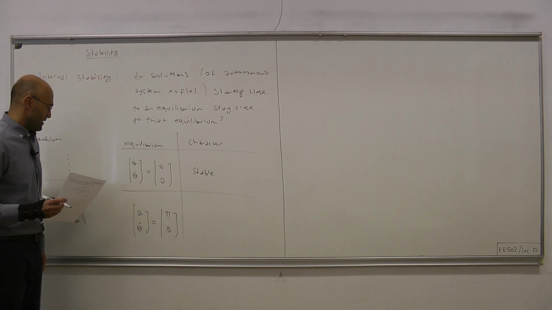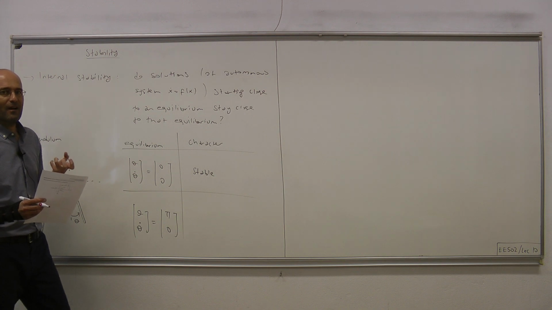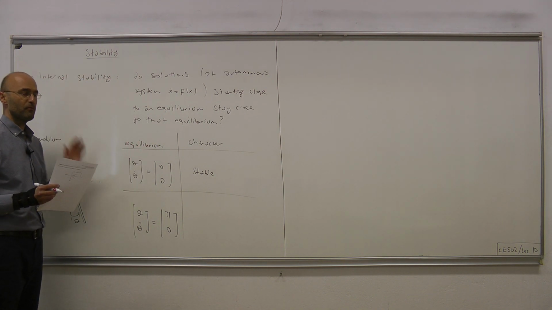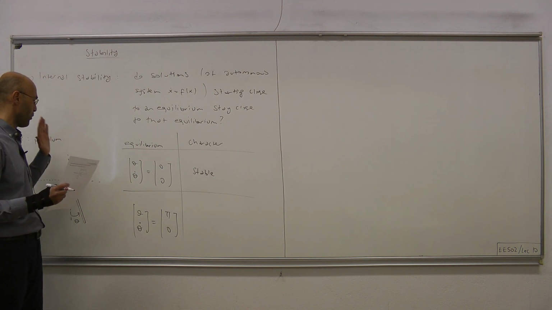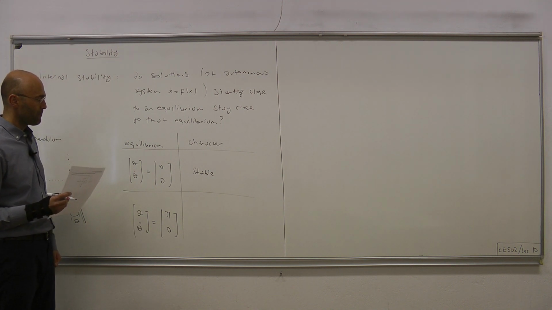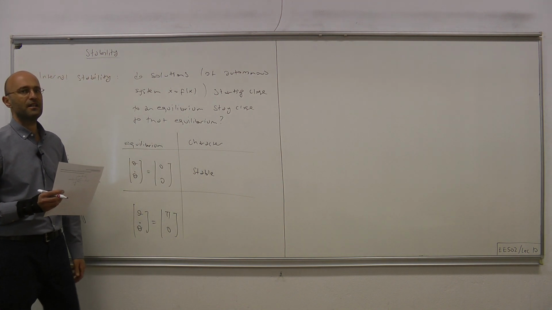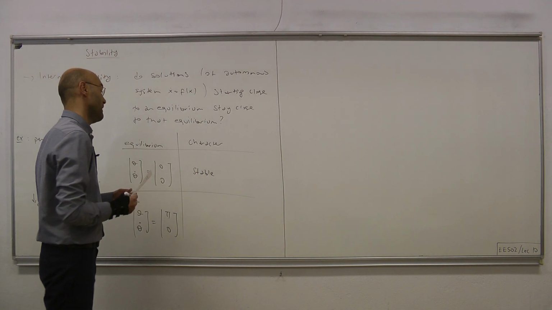Because of that behavior around this equilibrium, such character of the equilibrium point is indicated by the word or adjective unstable.